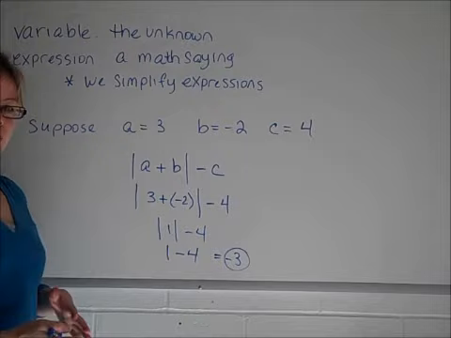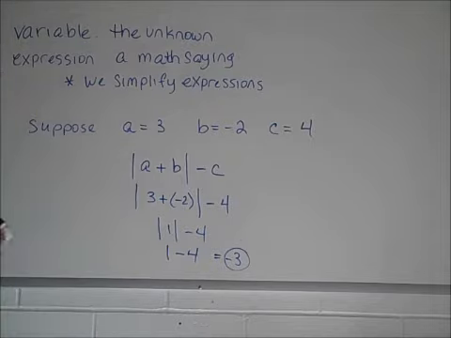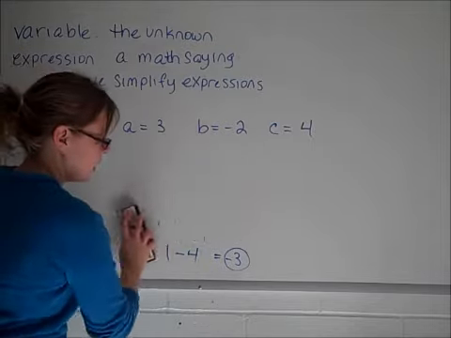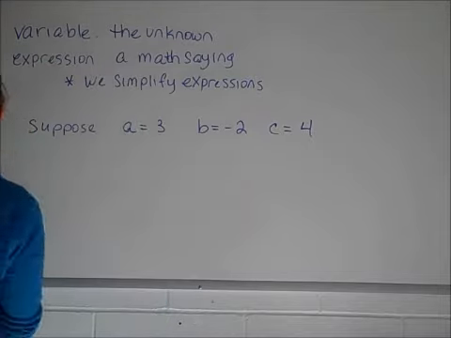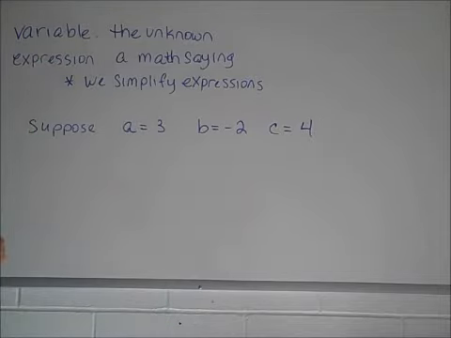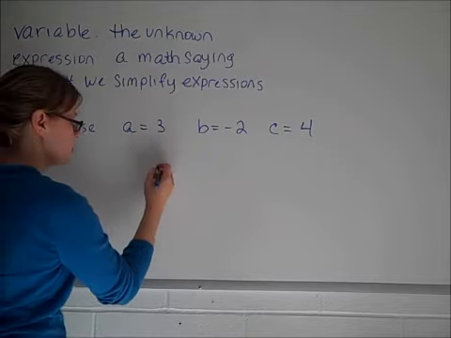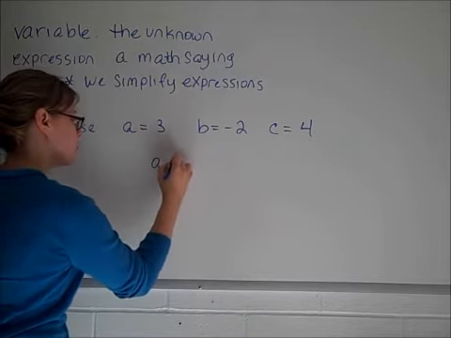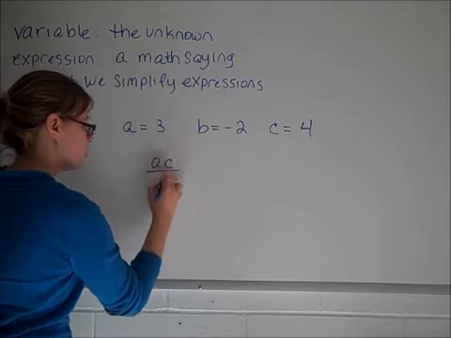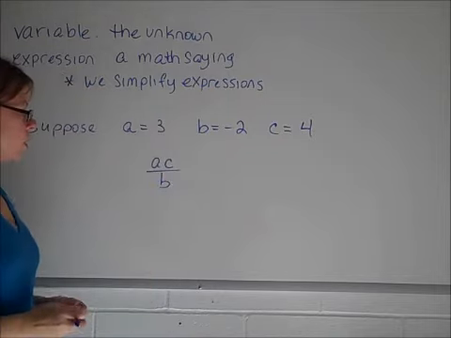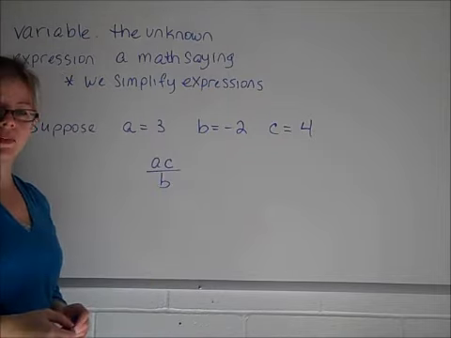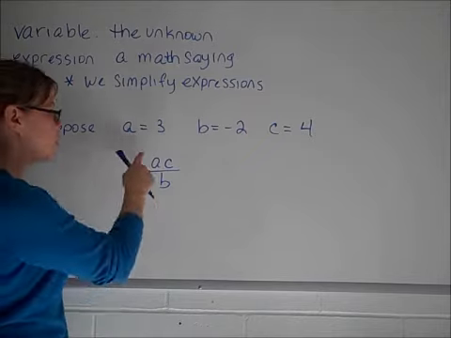We'll do one more example. And again, we'll keep the same values for the variables. So here we have AC divided by B. So again, your first step is to substitute.